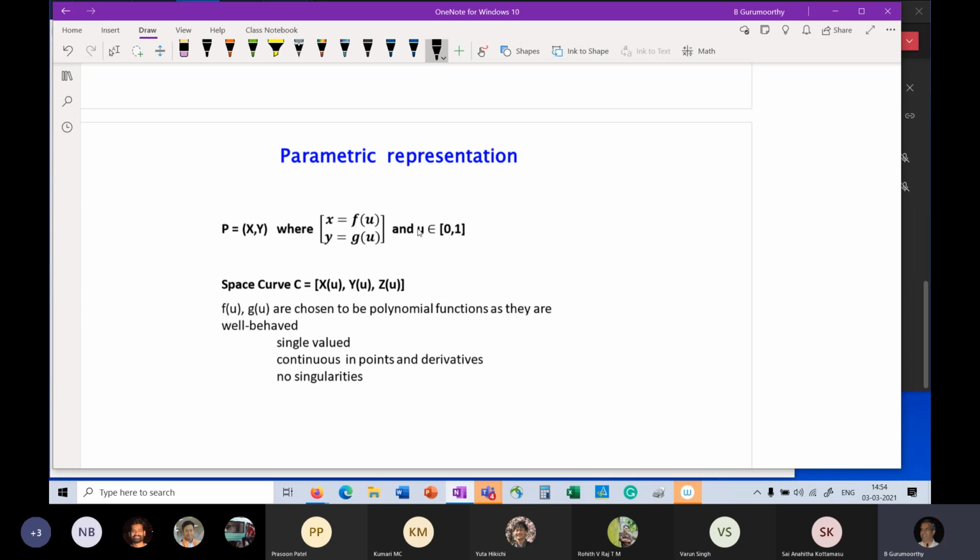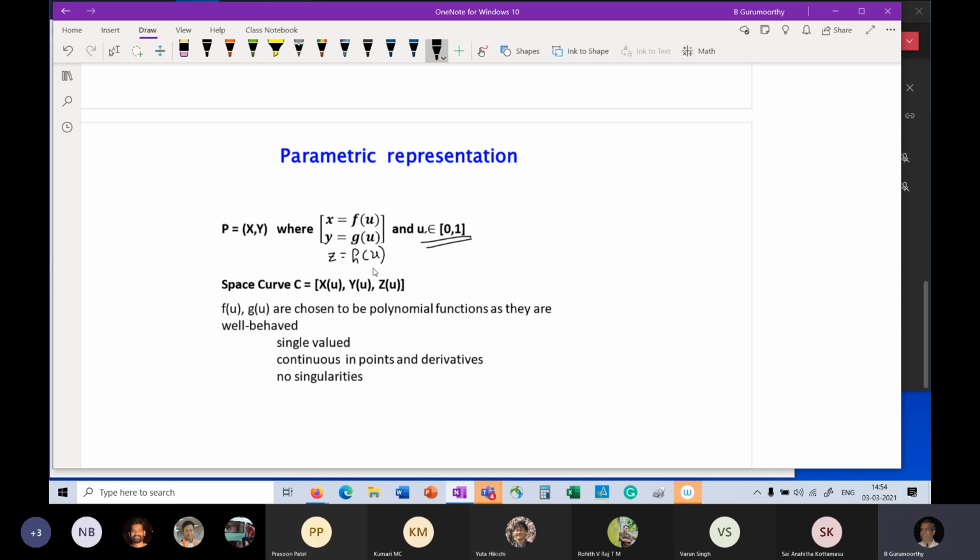And the other caveat is very important: u is bound between 0 and 1. And the space curve, which is the entity not confined to the plane but can also be outside the plane, essentially has now 3 coordinates, where the last one also looks the same: z equals some other function of u. Okay, so that's the parametric representation.